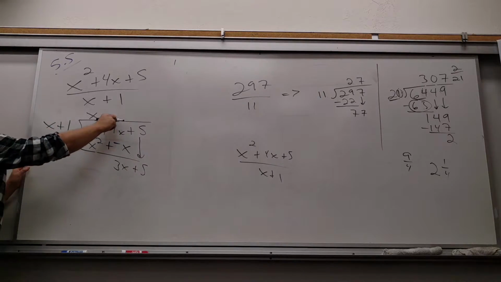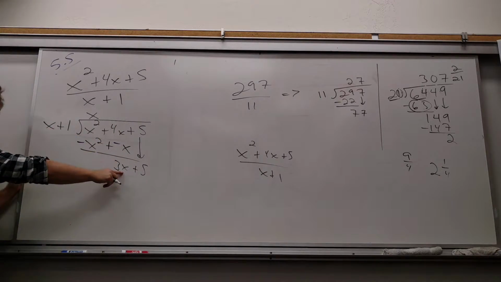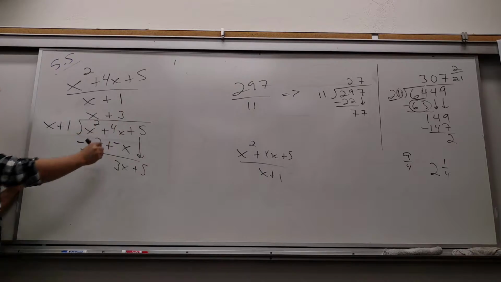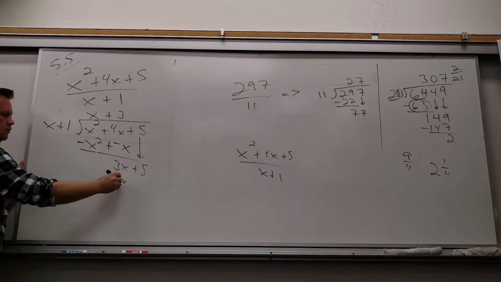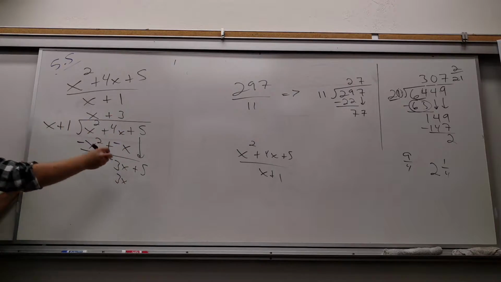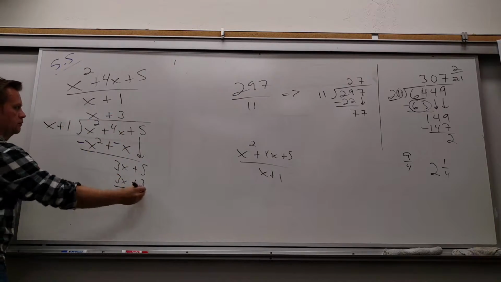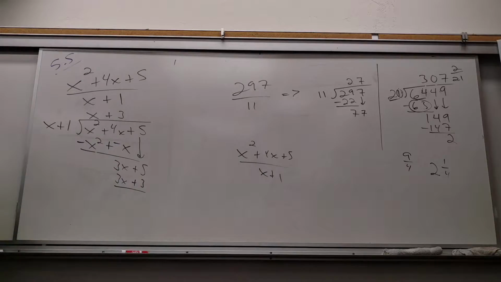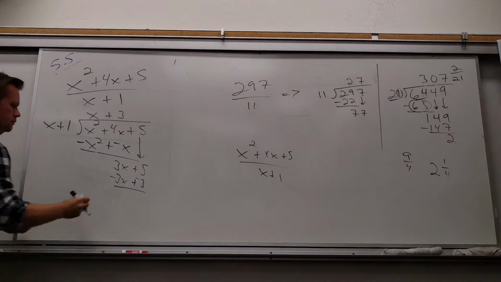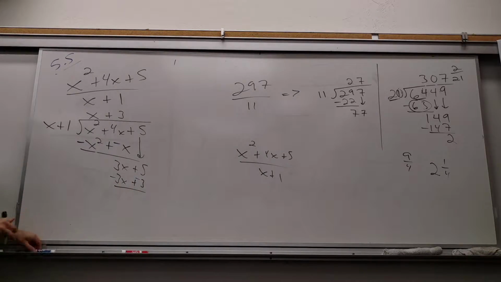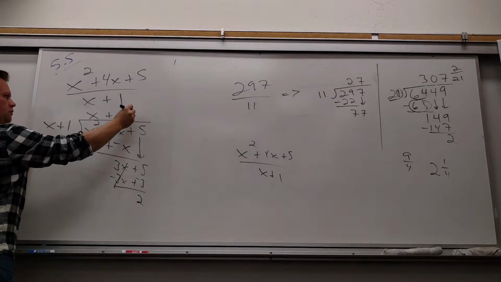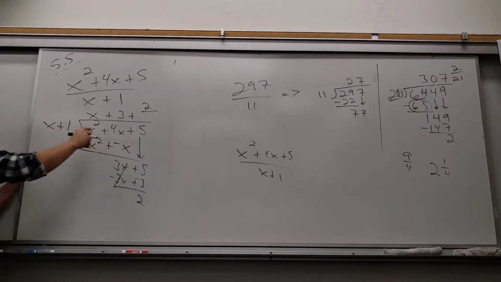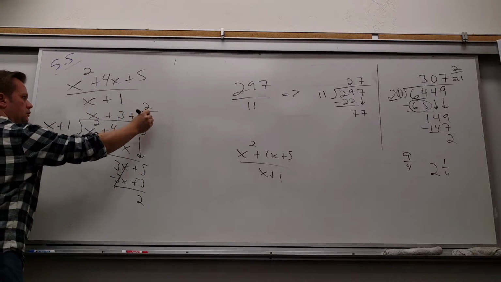X times what is 3x? 3. 3 times x? 3x. 3 times 1? 3. And then I subtract. Change the signs. 5 minus 3 is 2. So how do I write the remainder? Plus 2 over x plus 1.